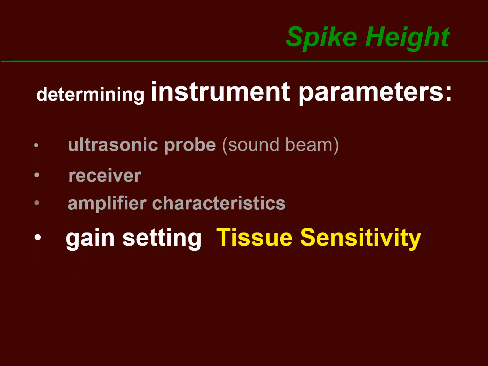And finally, an important other issue, the setting of the tissue sensitivity that we have mentioned. The gain setting, very important if we want to evaluate the spike height as a function of the reflectivity of the tissues.